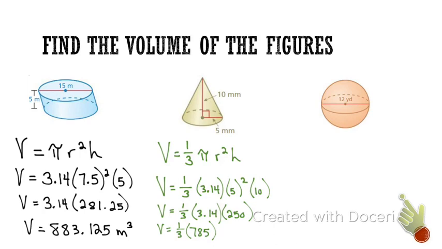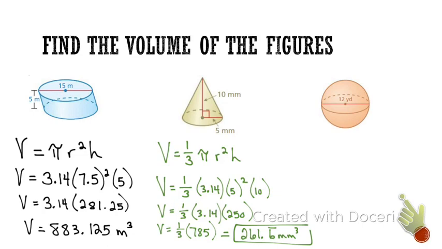In this case, your volume is a repeating decimal, 261.6 repeating. If it says round to the nearest whole number, you know it's 262. If it says 10th, it would be 261.7. And then we label millimeters cubed. So it's real important that you know what to do with this fraction. The fraction means that you're dividing by something. Essentially, that's all you're doing.